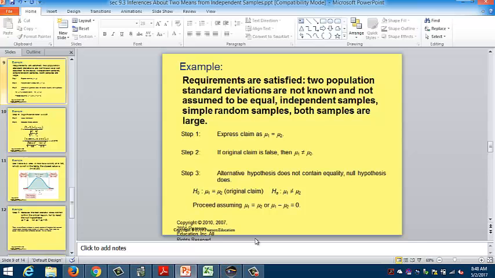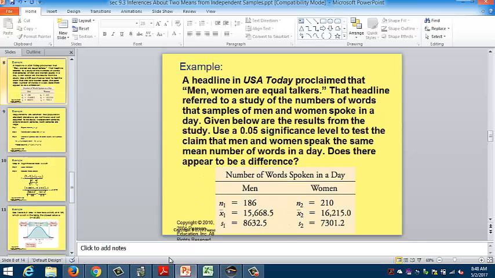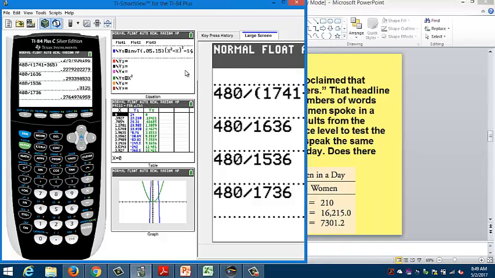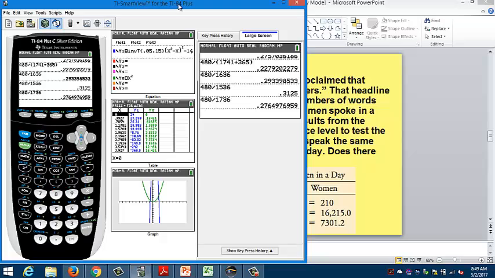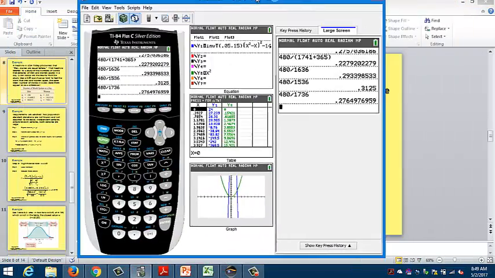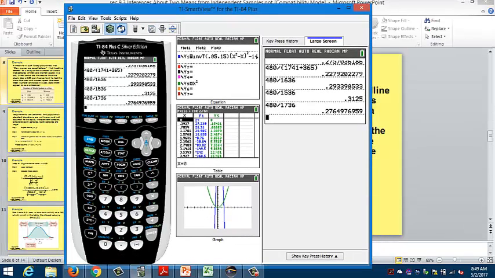Where was that data? Here. And if I had the calculator out, I should be able to fill in the right stuff. I wonder if I can make this a little bit smaller so I can see both. Wouldn't that be nice? That almost works. It just doesn't want me to do it. Make the PowerPoint smaller to one side.